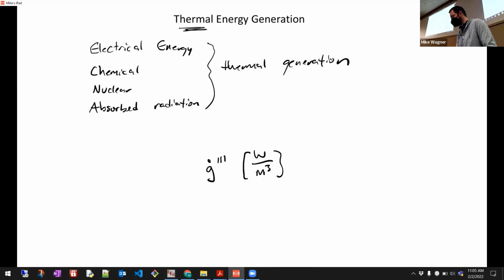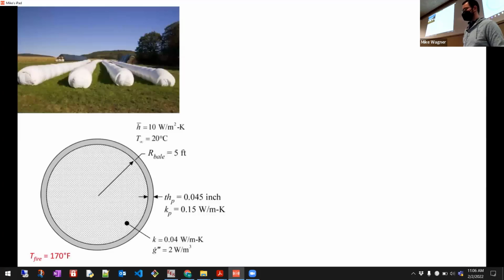But this is something that we use in order to describe our thermal energy generation. Okay, so what we're going to do to talk through this process, the analytical process is very similar to what we did for just 1D steady state conduction. We're going to solve the same type of analytical problem today, but we'll just do it using an example.